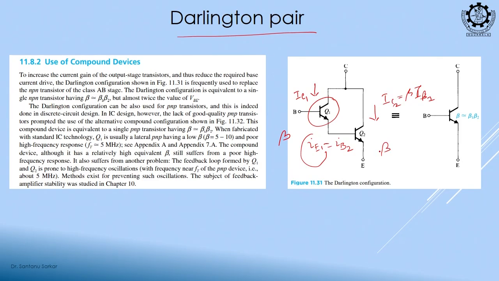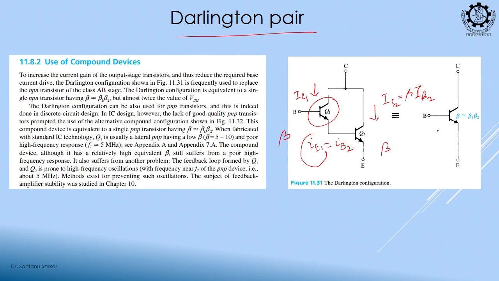So, overall you can expect this device. If you model this device with a single device, how much is its beta? It is equal to beta 1 into beta 2. So, this connection is not a real transistor, this is a model.